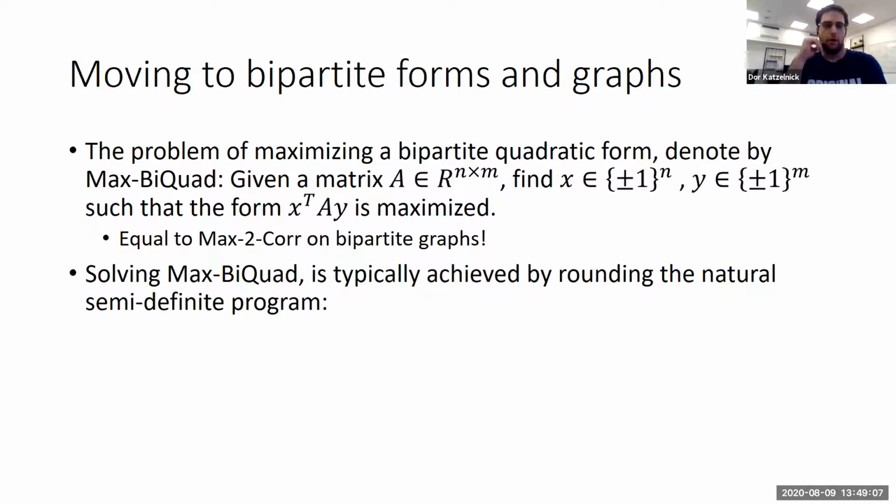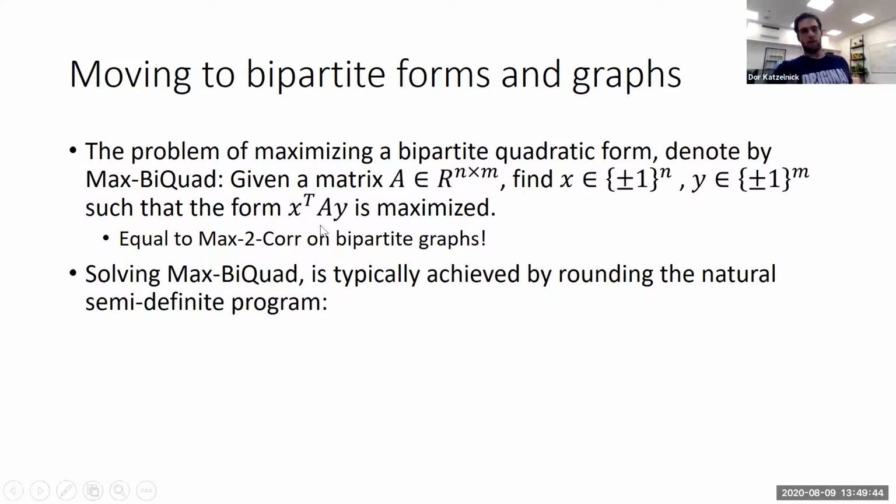So we define the following problem. It's called maximization of a bipartite quadratic form. We denote it by MaxBiQuad. In this problem, you are given a matrix A. It is an n by m dimensional matrix, and you have to find two vectors, x and y. x is an n-dimensional vector over plus or minus 1, and y is an m-dimensional vector over plus or minus 1. And you want these vectors to maximize the form x transpose A y.